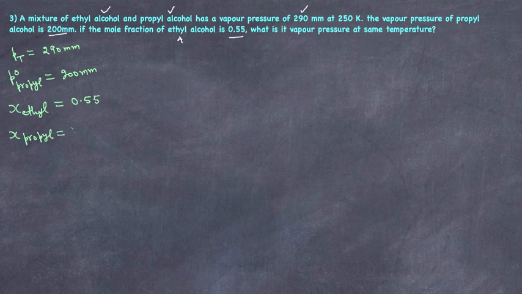We can just subtract 1 minus the mole fraction of ethyl, which is 0.55, and this is going to be equal to 0.45. So we got the mole fraction of propyl. And what are they asking us to calculate? They are asking us what is the vapor pressure of ethyl alcohol. So they are asking us P naught ethyl.